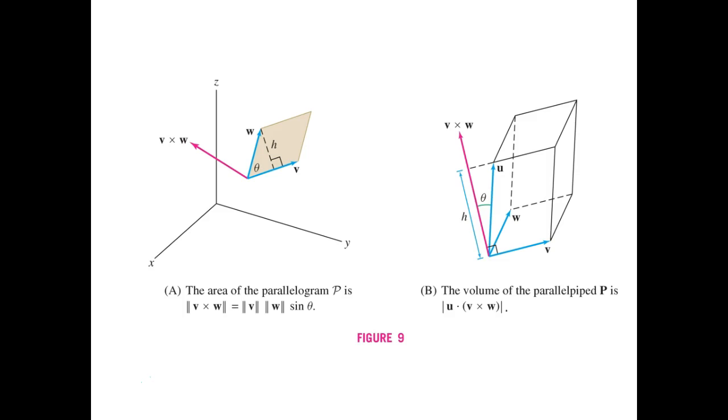Here is U, here's V, and here's W. The volume of the parallelepiped formed by that is V cross W, dot that with U, and that should give you the volume of that parallelepiped. So we're not going into great detail on that. If you ever need it, there it is. You've seen it. Look it up.